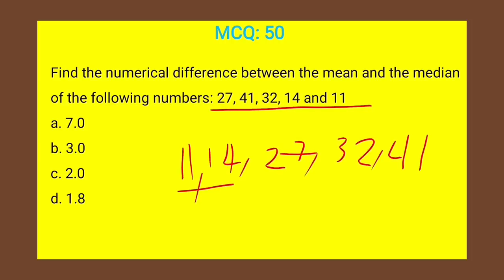So the median is going to be 27. Then you take the difference between the two to get your numerical value.